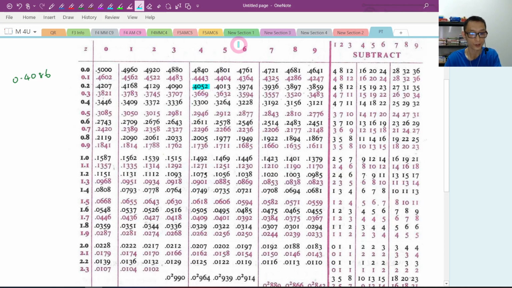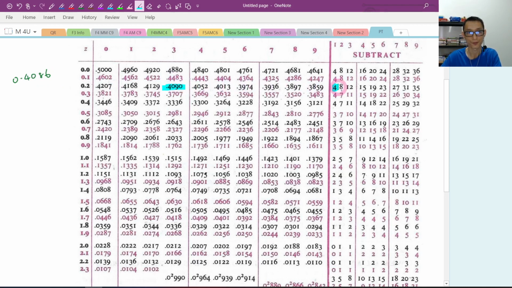4052 minus 4086. Oh, sorry, I want the number greater than it. 4052 is less than this one, so it's not the correct one. It can be calculated, but it will be a little bit hard. So choose a number which is greater than it, easier for you to calculate. 4090, this is 40x6. We want to minus 4. Do we have 4 here?